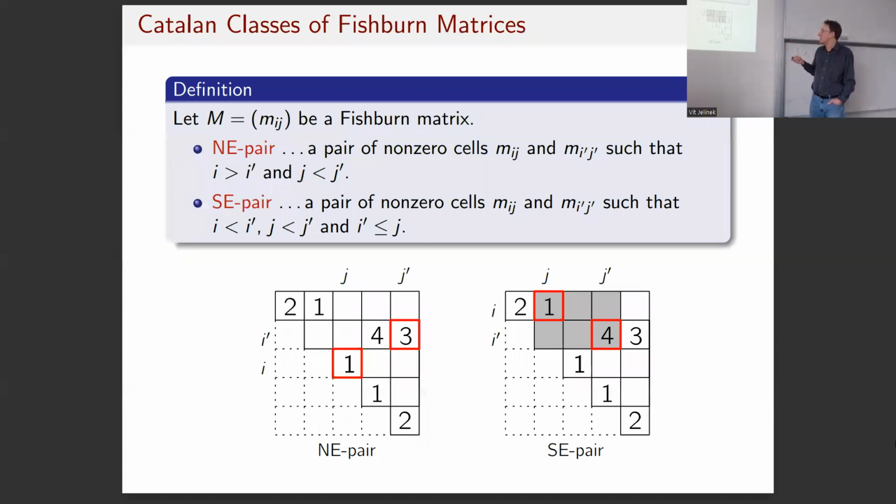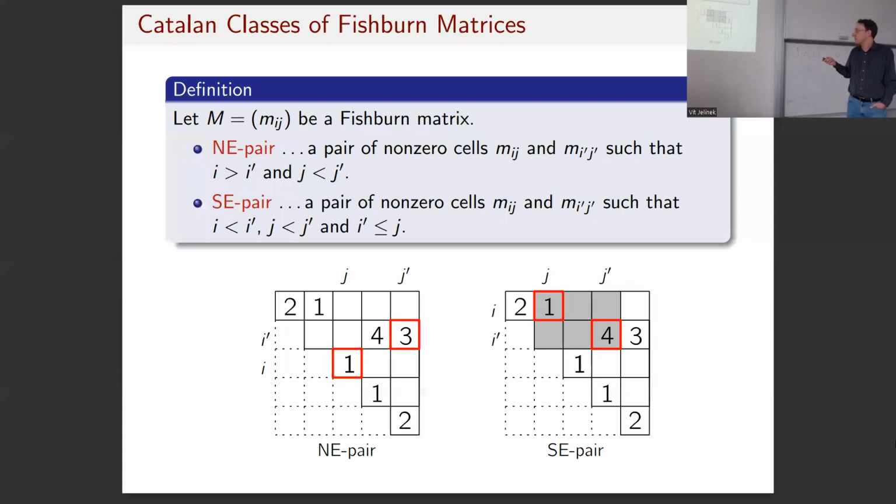And a southeast pair is very similar, but with one little twist. So a southeast pair of cells in a matrix is again a pair of non-zero cells that have mutually this southeast position.